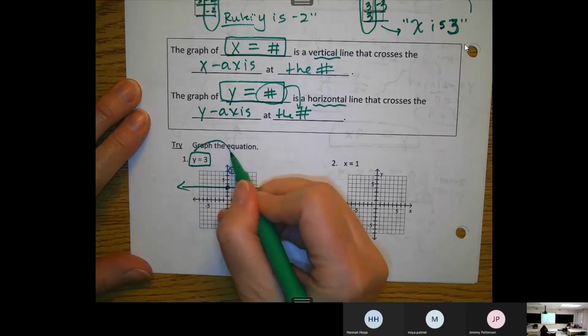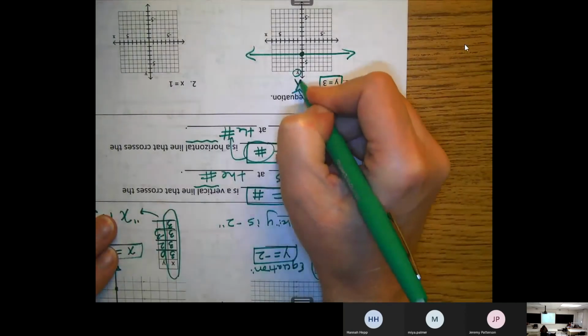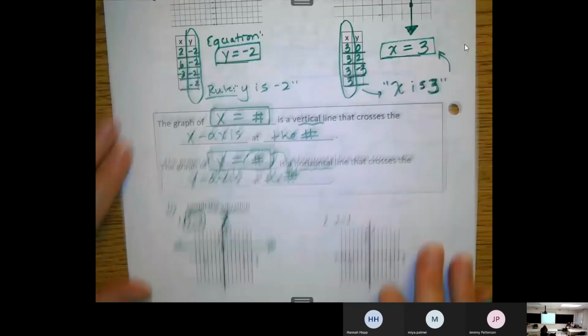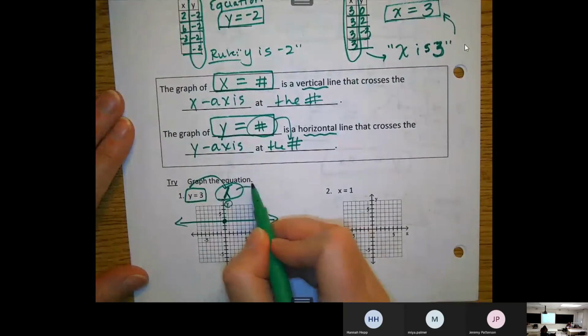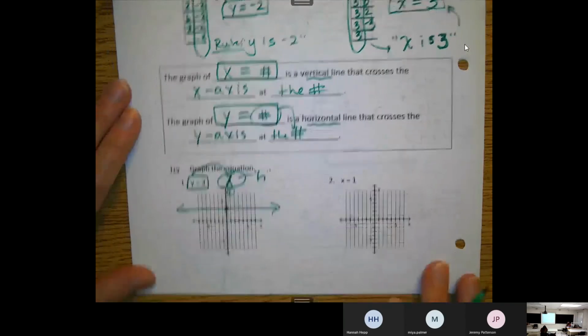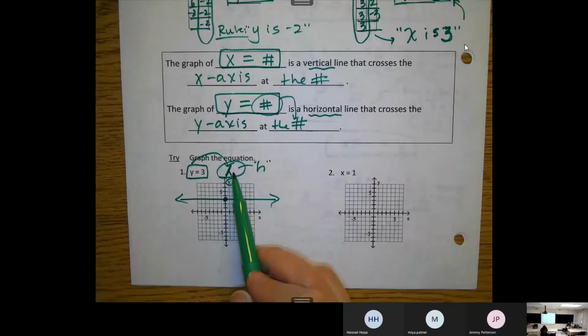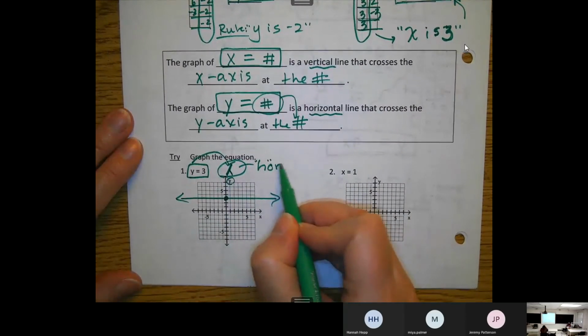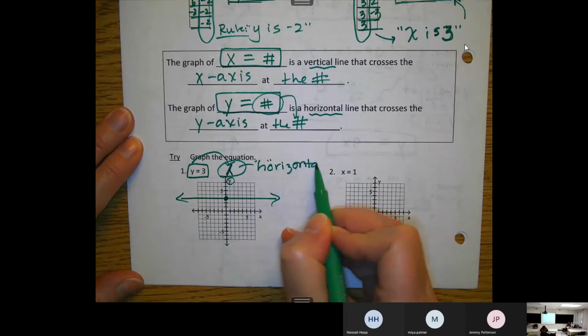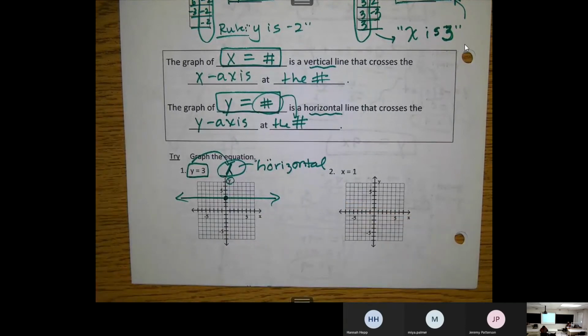Some students in the past have said, if you make an upside down y, let me make a y and flip it upside down, it looks kind of like an H. So an upside down y looks kind of like an H. That helps us know that one's horizontal. Maybe you've got your own way to keep it straight, but that's really the tricky part in the end, remembering which one is which.